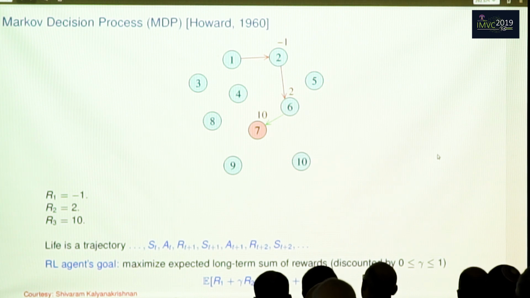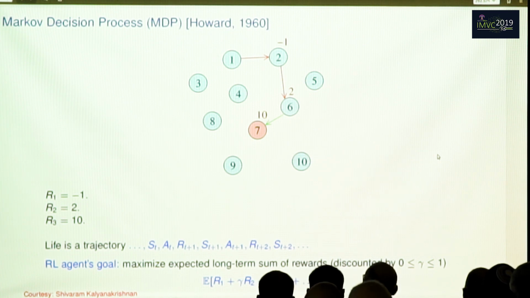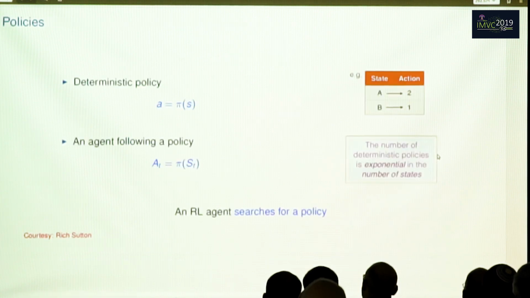And the goal of an RL agent is to maximize the expected sum of long-term rewards with a minor modification. We discount the future rewards by gamma between 0 and 1. The goal is to encourage the agent to get rewards earlier rather than later, and this obviously also helps the math.